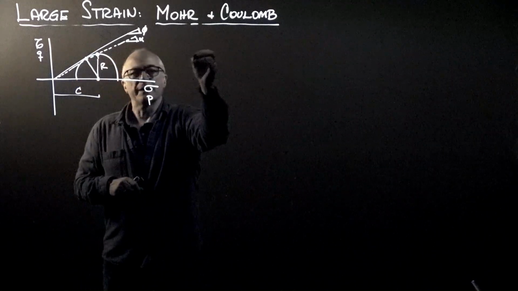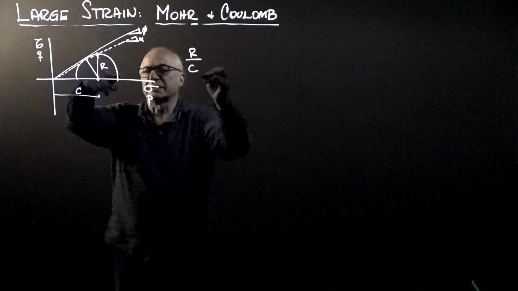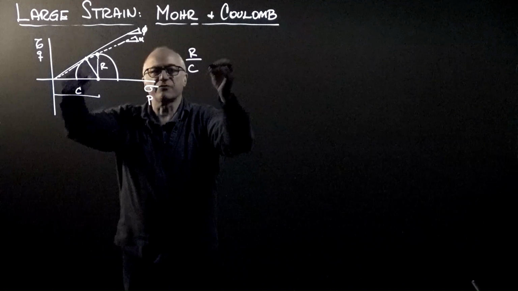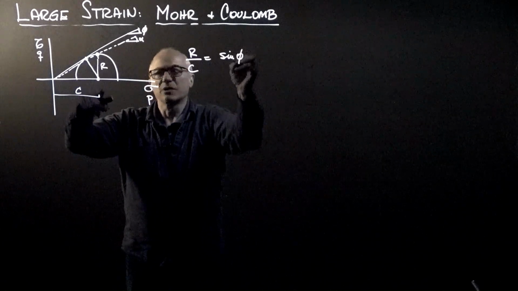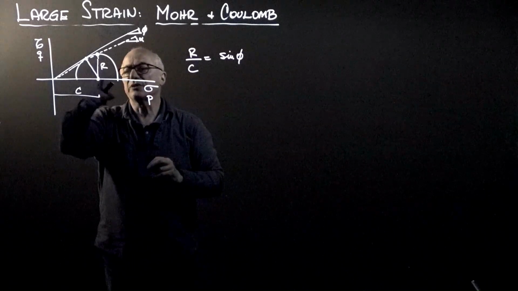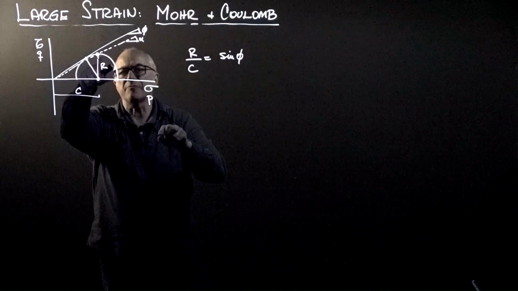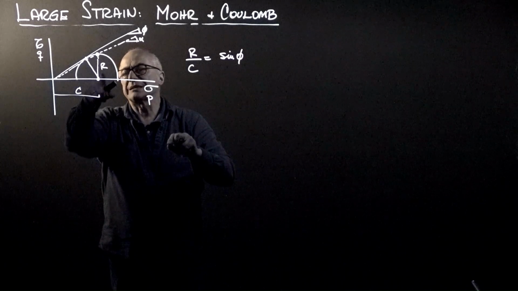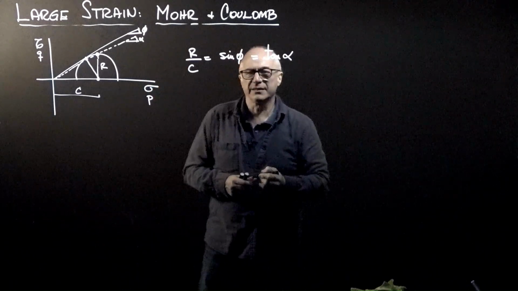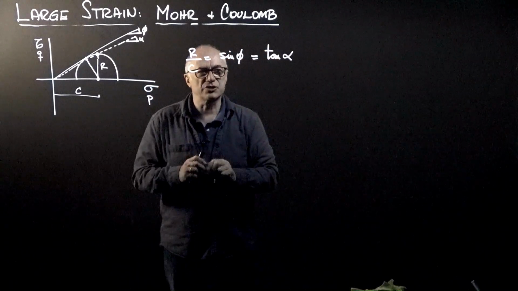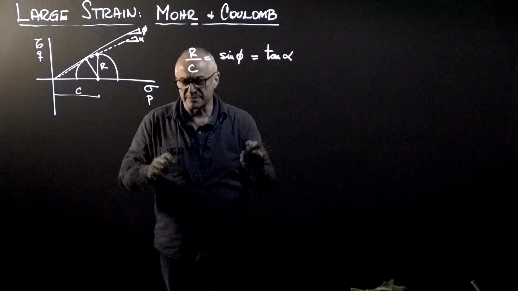So R over C, from the point of view of the tau sigma space where the failure line is, is equal to sine phi, while R over C from the point of view of the QP space, where we are only looking at the apex, is equal to the tangent of the alpha angle. Therefore, we see right away a relationship between alpha and phi, so we can work only with the apices.